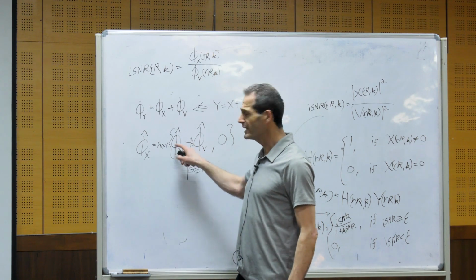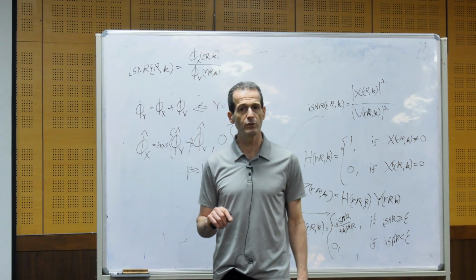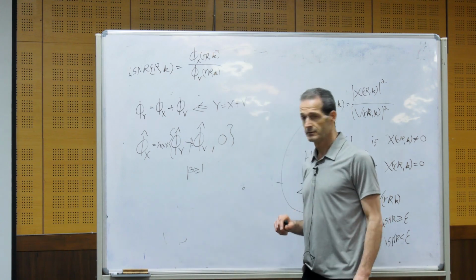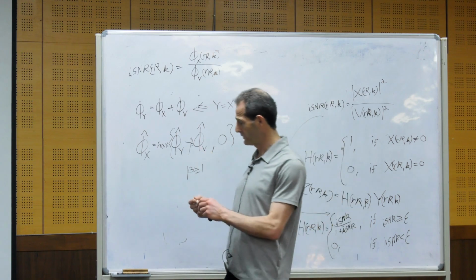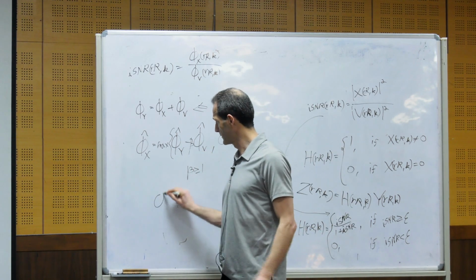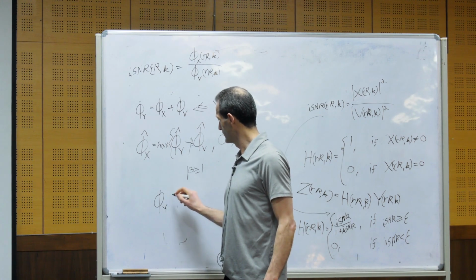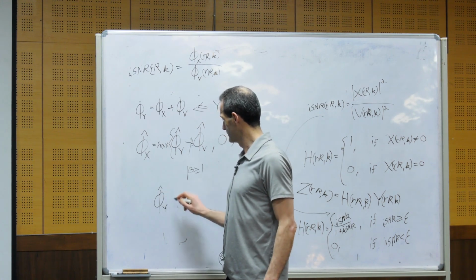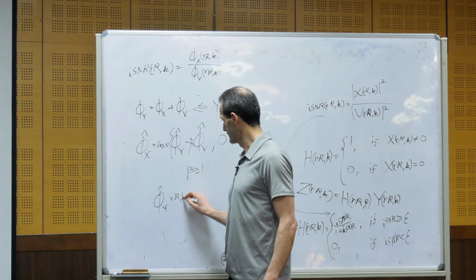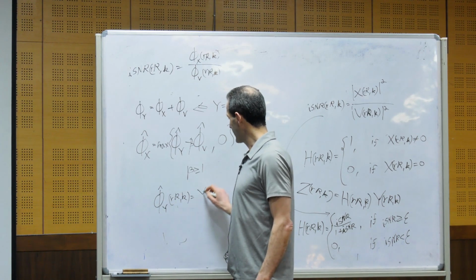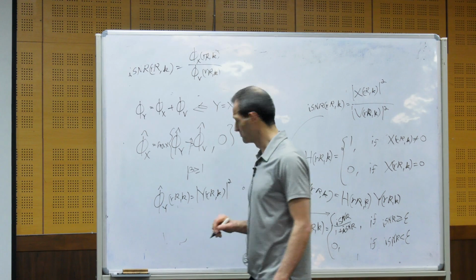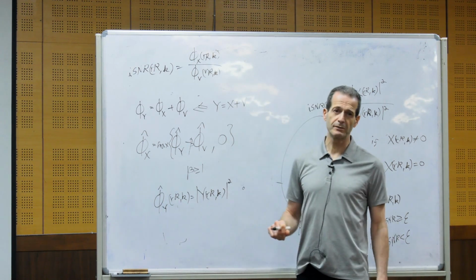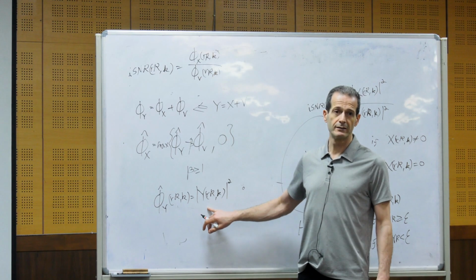By the way, phi y, how do I estimate phi y? Two ways. Either I can take phi y as the magnitude squared, I can do that because these are the noisy measurements. So this is one way.